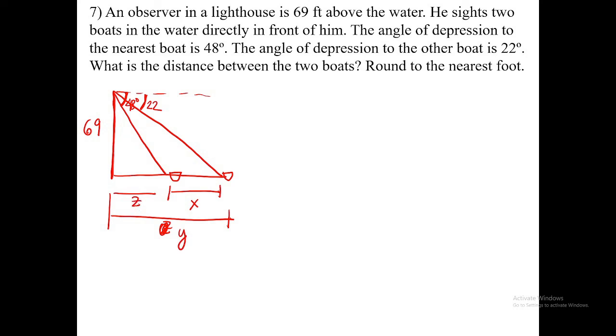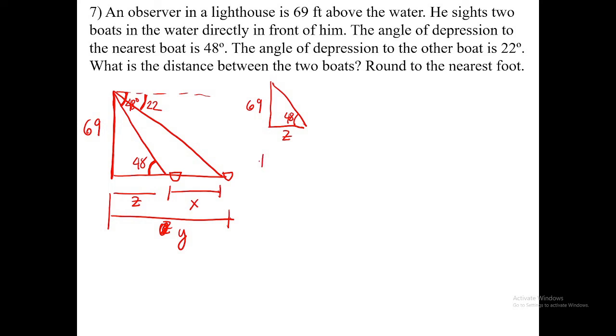Okay? Now let's draw the two triangles again. So in our first triangle, pilay measurement ani niya class? 48. So this is 48. This is 69. So how do we solve for z? Unahon na to si z.